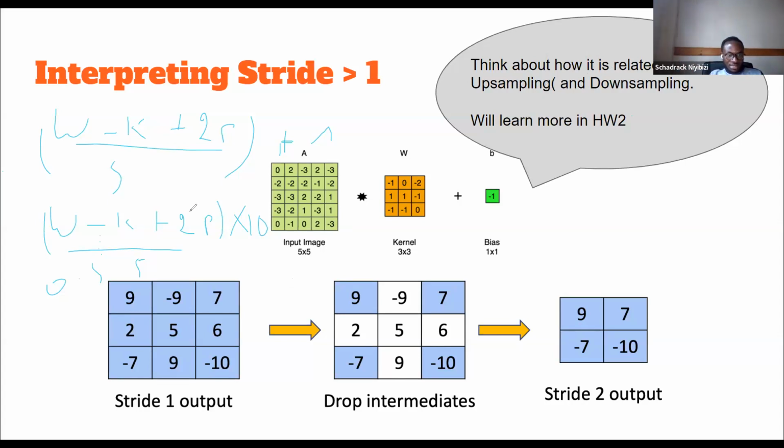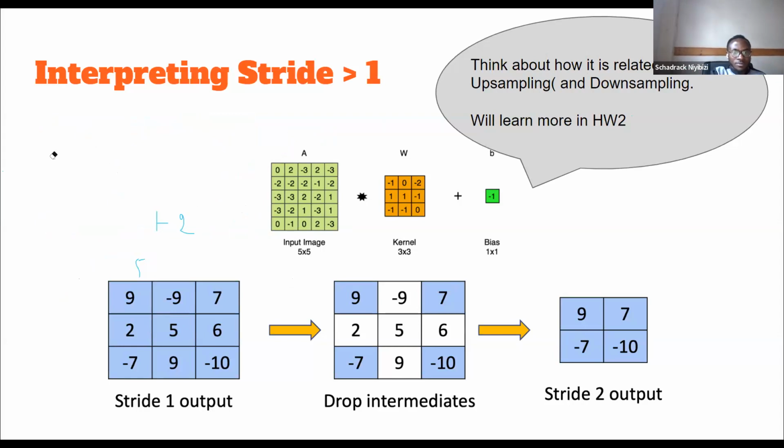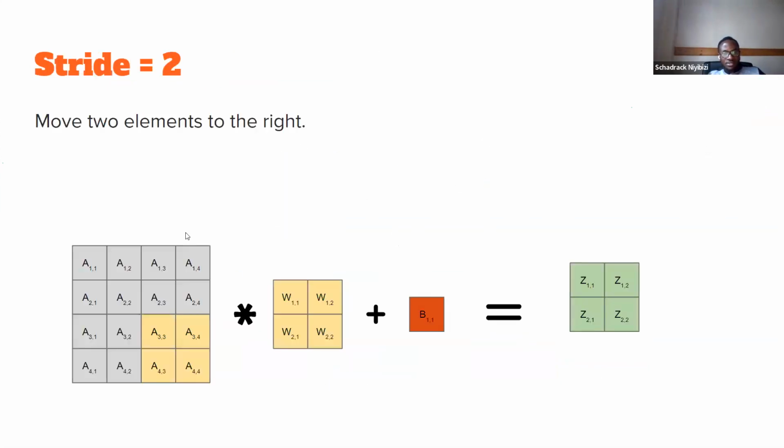Then if the stride is greater than 1, think about this. If the stride is greater than 1, this is what you have. You see, the size of the input image is being reduced.